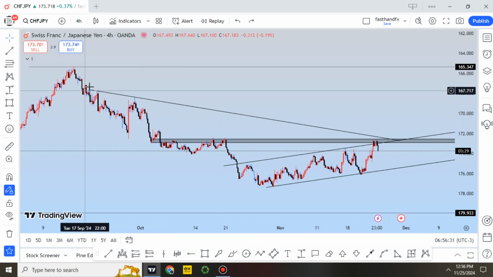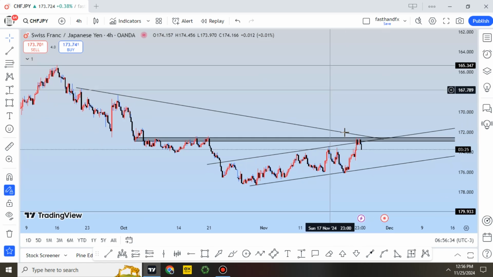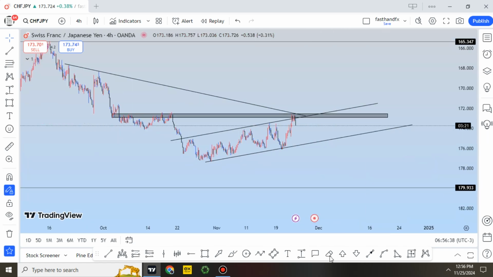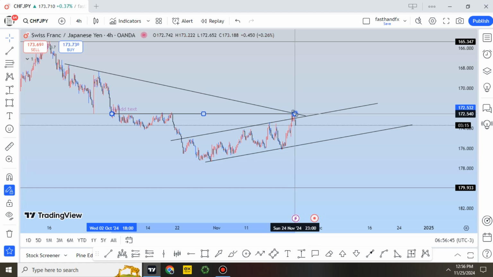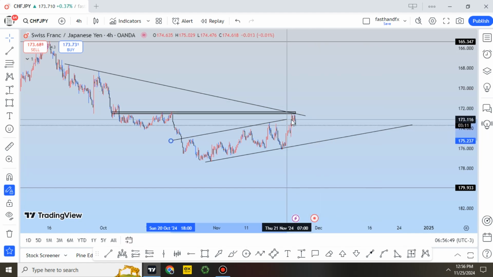We had a touch right there, a touch and a touch. Makes sense to me. Let me just adjust this right here, right there. Correct. It makes sense to me.